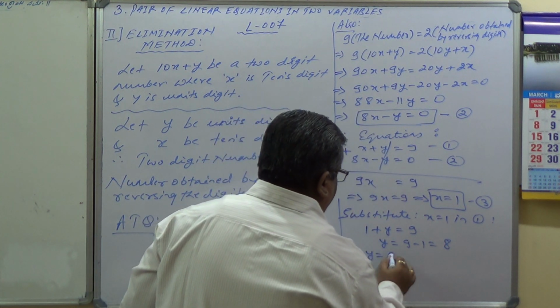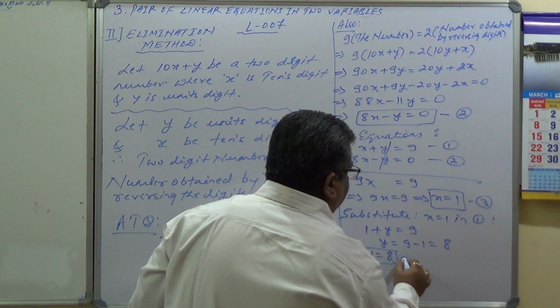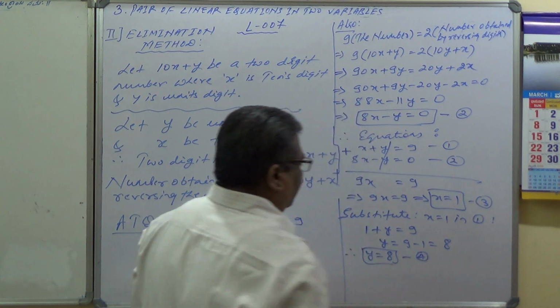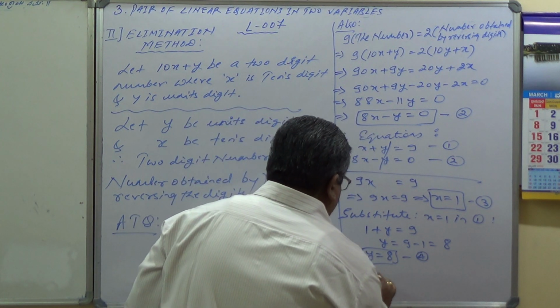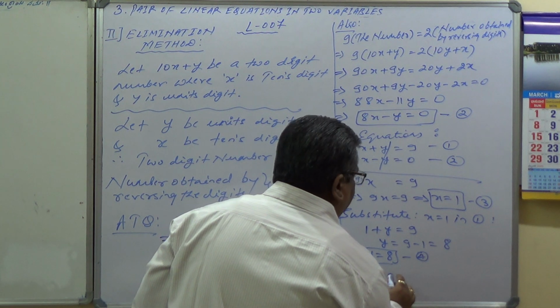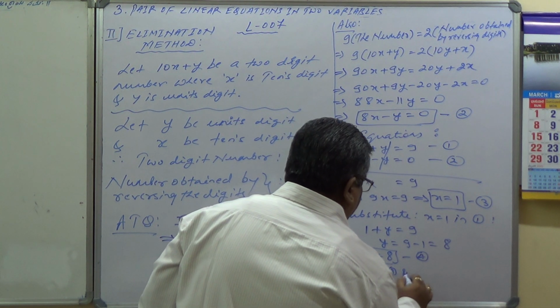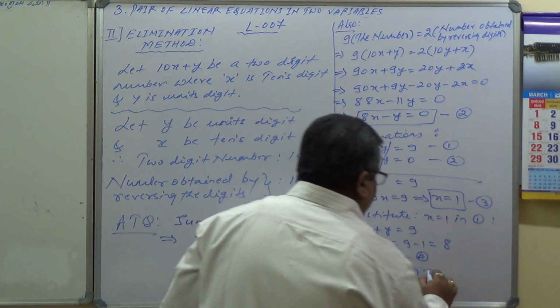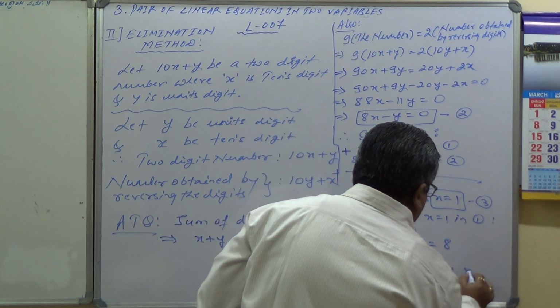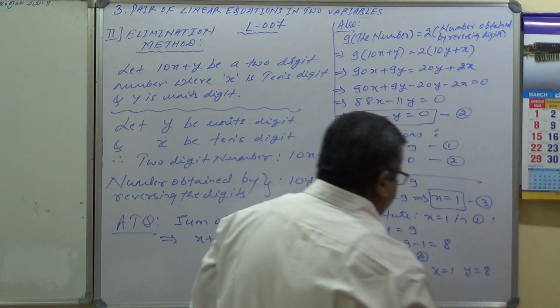Therefore, y equals 8 is the answer here. Tag this as fourth. Therefore, from 3 and 4, the value of x is 1 and y is 8.